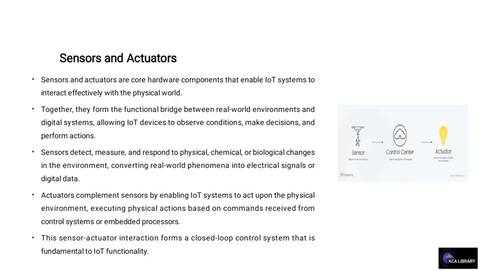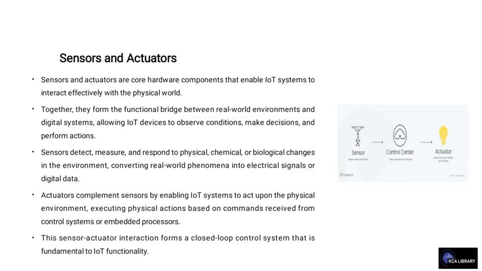Looking at sensors and actuators, they are core hardware components that enable Internet of Things systems to interact effectively with the real or physical world. Together they form the functional bridge between the real-world environment and the digital system, allowing Internet of Things devices to observe conditions, make decisions, and also perform actions.